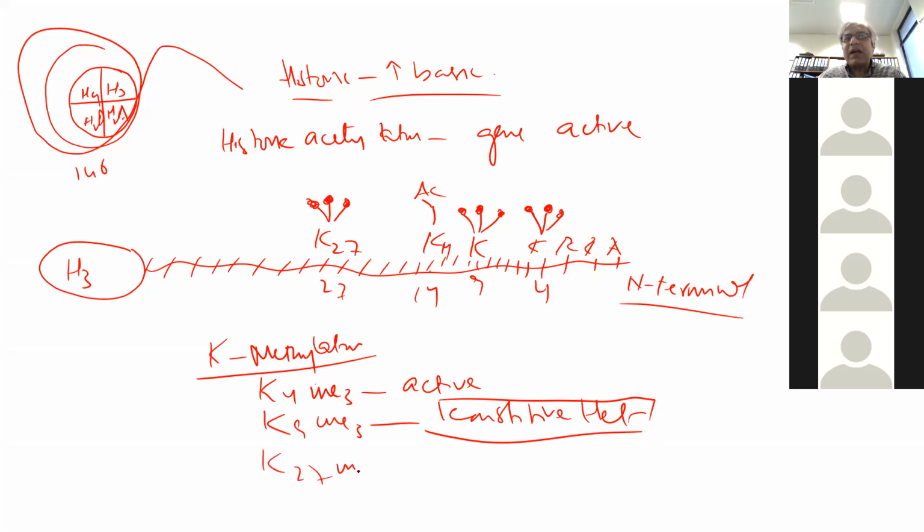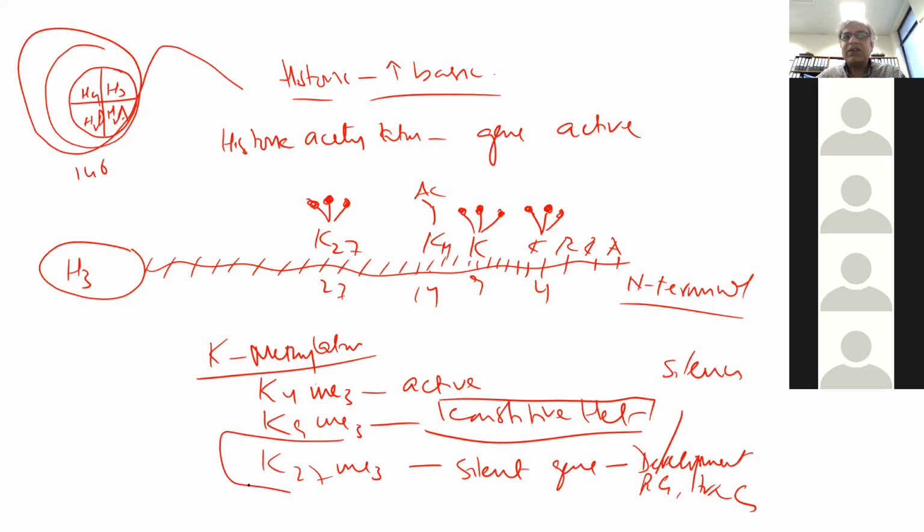Lysine 27 trimethylation also correlates with silent genes, but this is not constitutive. This is developmental gene expression. And 2 protein groups, polycomb group and trithorax group. Polycomb group proteins are silencers. They recognize trimethylated lysine and block transcription, helping in switching off genes.